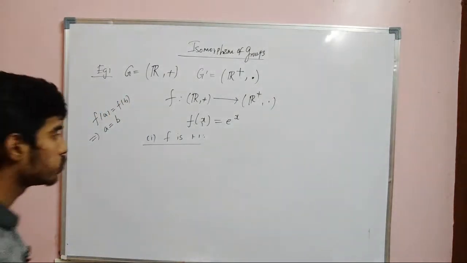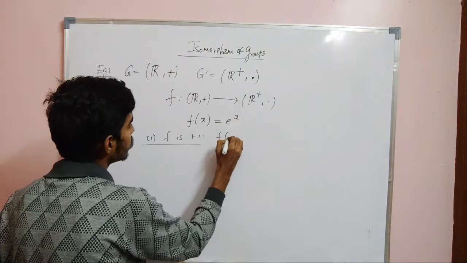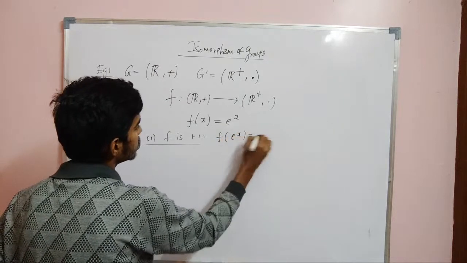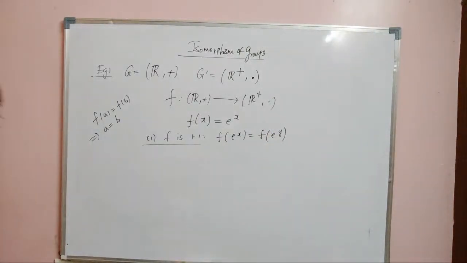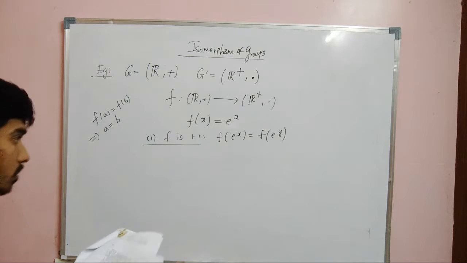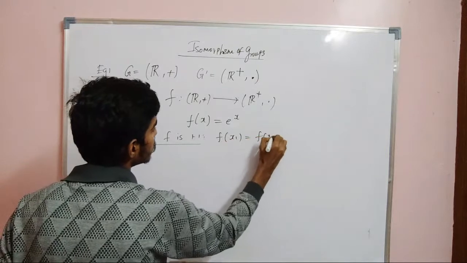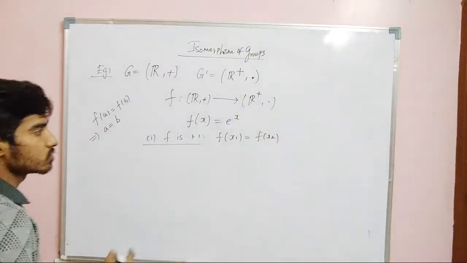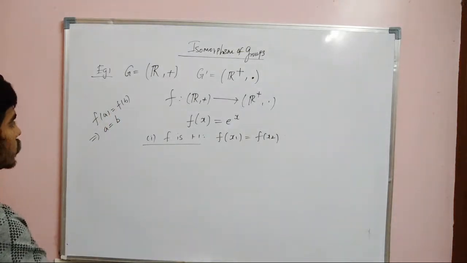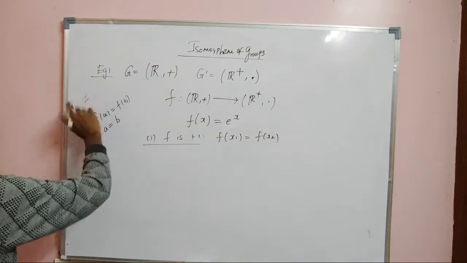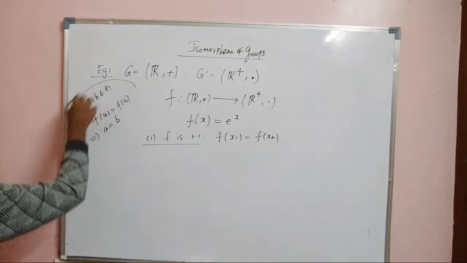This is what we prove for 1-1. You collect two elements a and b in the domain, and if f(a) = f(b), then I need to show a = b. This is the condition for 1-1.